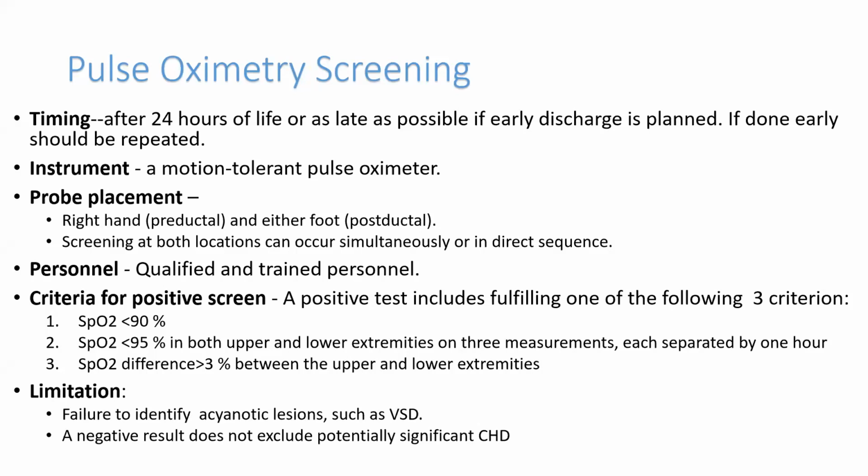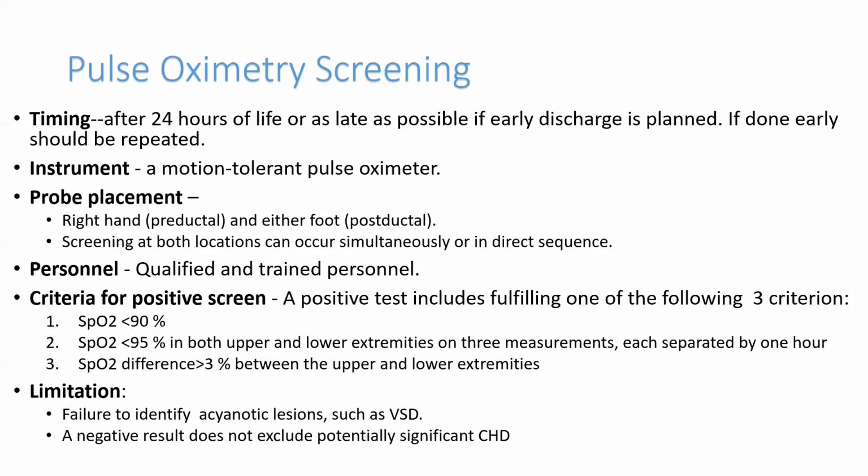And if there's a persistent difference of more than 3% between the preductal, that's the right upper limb, and the lower extremities, then again that one has failed the screen and warrants an evaluation by a pediatric cardiologist.